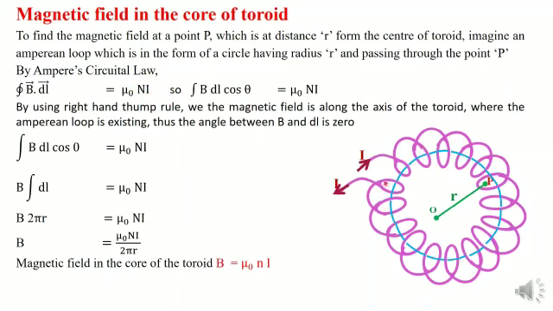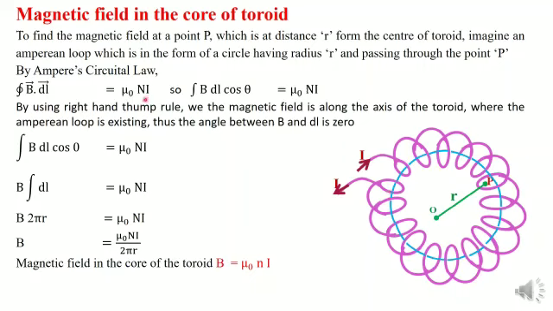If I is the current in one turn of the toroid and capital N is the total number of turns of the toroid, then the total current enclosed by the Amperian loop is N into I.